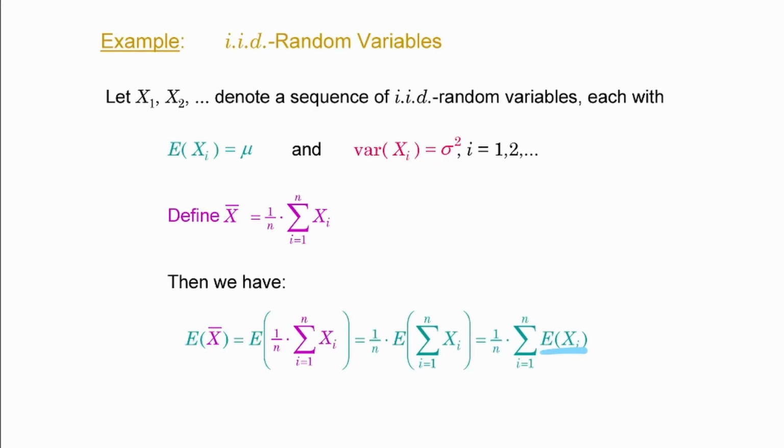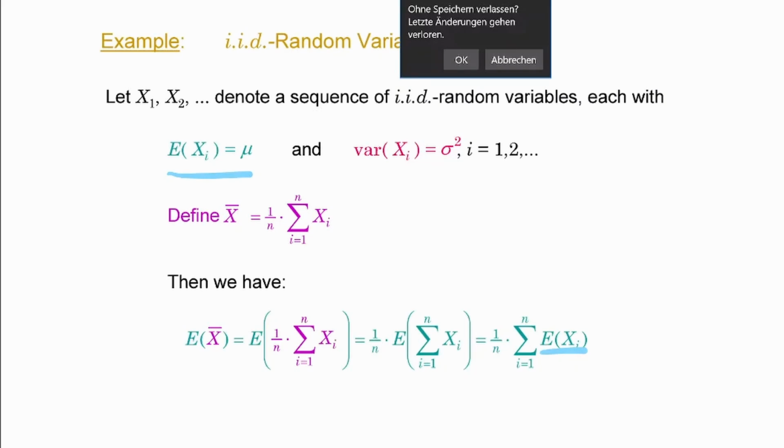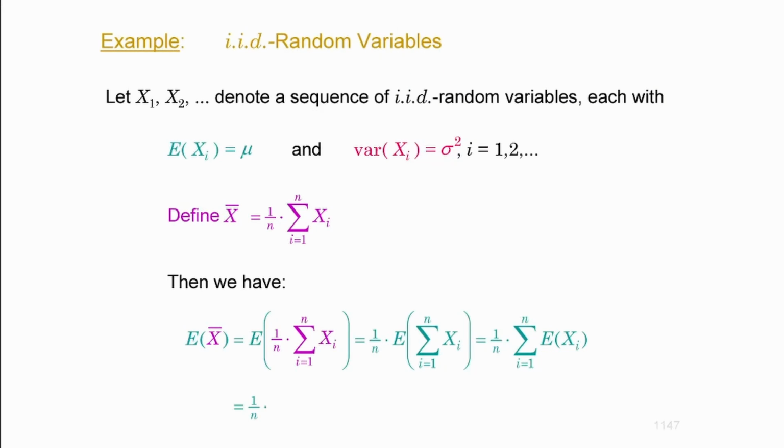The expectations are mu respectively. So the expectation of the arithmetic mean follows. Again, the expectations are mu, which are these constants, so you see there are these sums of these mu's. So you got mu plus mu plus mu plus mu, in total n times.